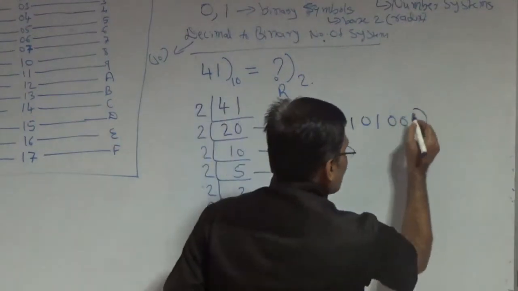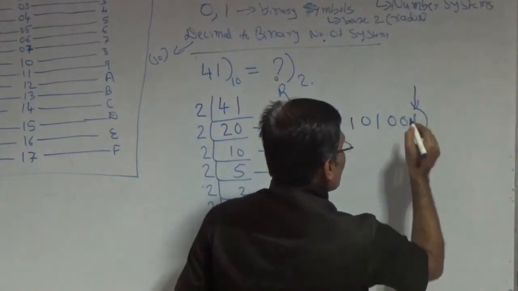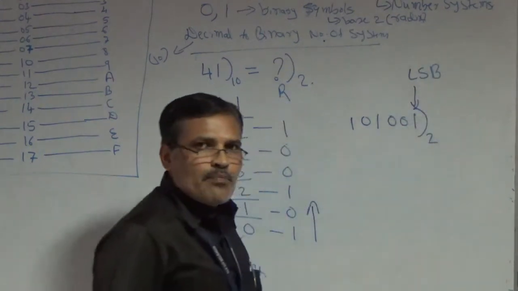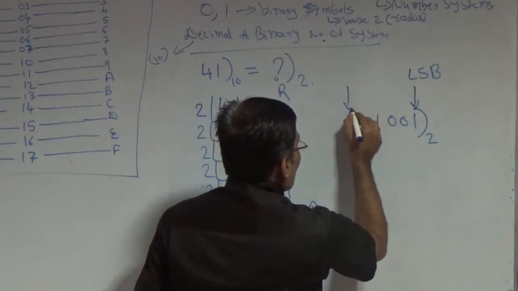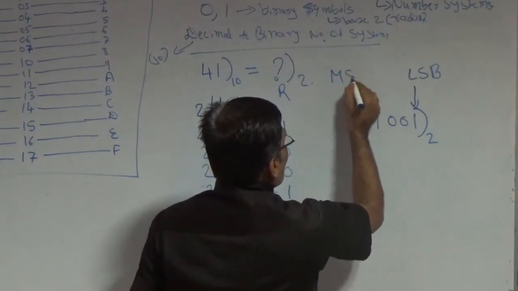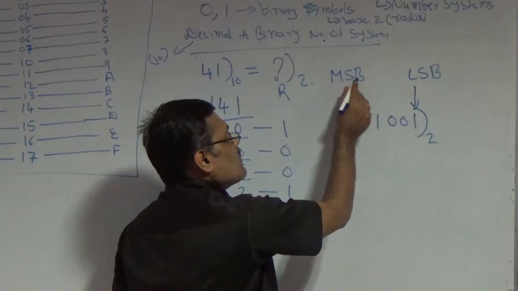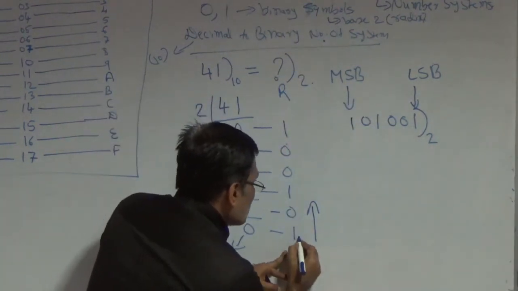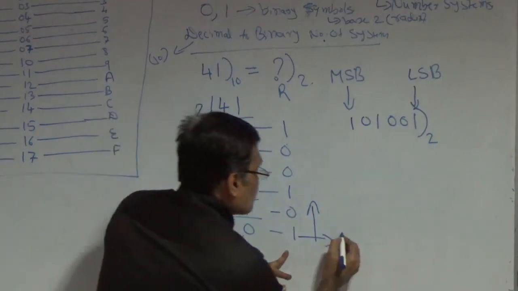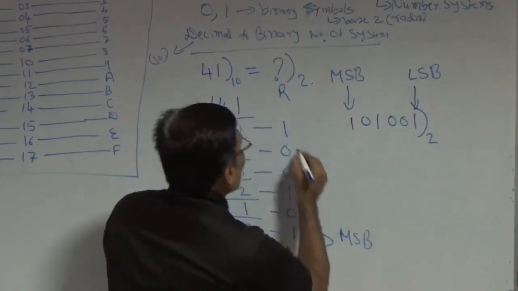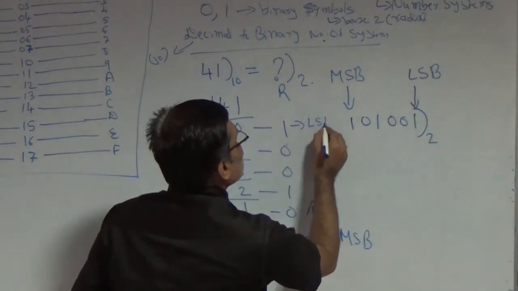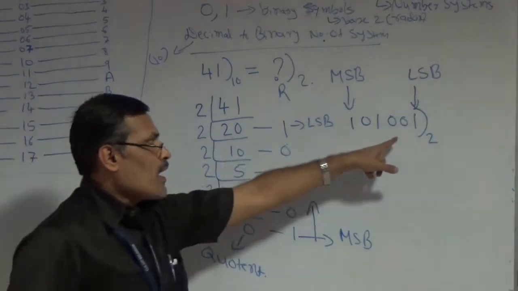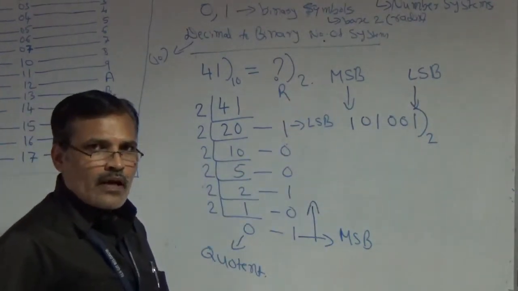In this case, the rightmost bit is called the least significant bit, LSB, and the leftmost bit is called the MSB, the most significant bit. So this bottom number is your MSB and this is your LSB. In this fashion, you need to reorder the binary number.